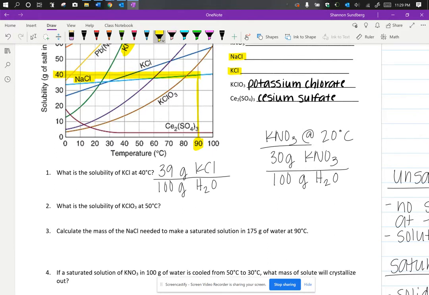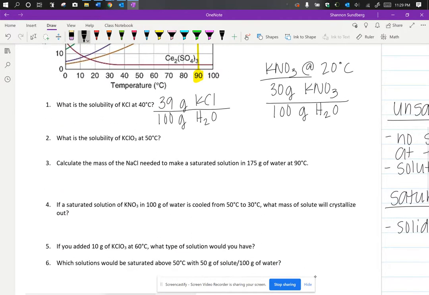That's the saturation level. So that's what you know. So at 90 degrees Celsius, 40 grams of the NaCl can dissolve in 100 grams of water. That's the saturation point.